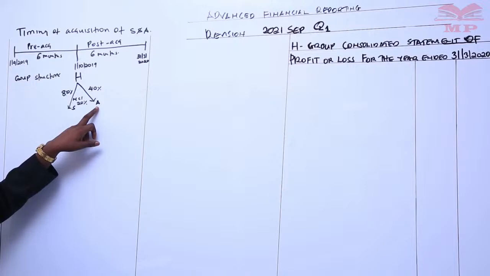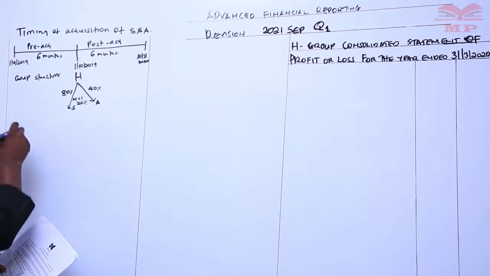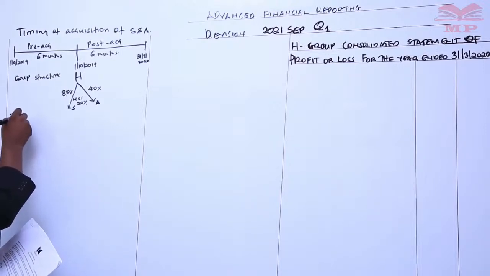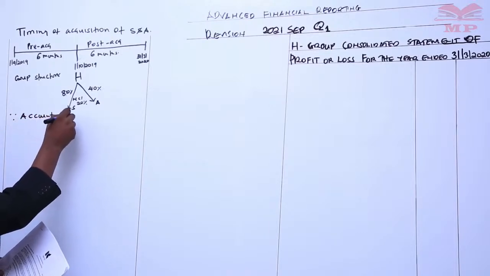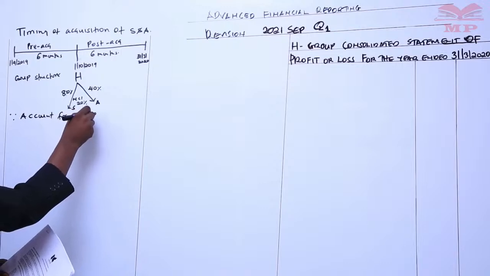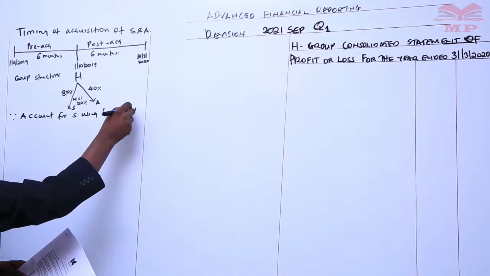That is below 50% mark. And so A is an associate. So which kind of accounting method you're supposed to apply? We're going to say that, therefore, account for S using full consolidation method.